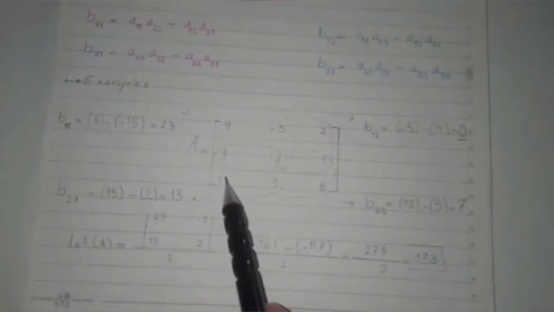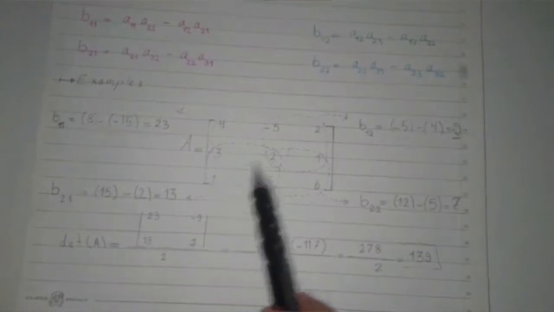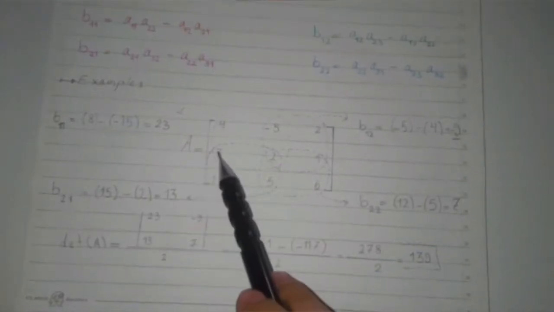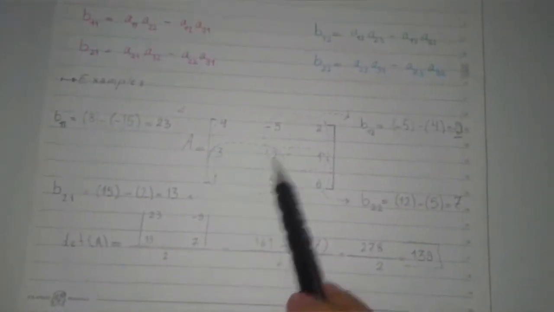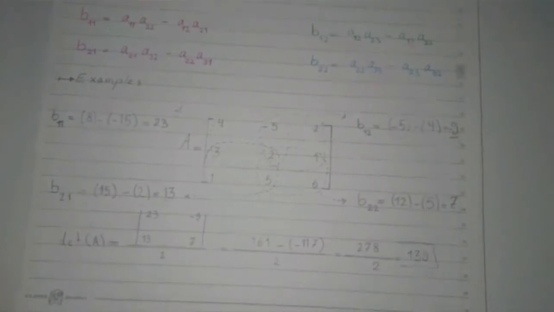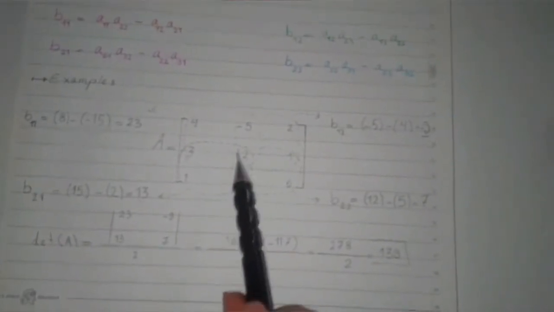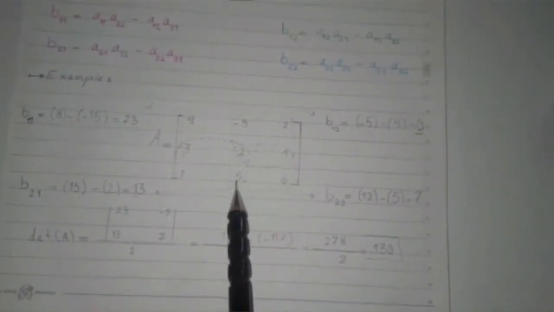The entry B sub 2, 1 is equal to 3 multiplied by 5 minus 2 multiplied by 1, which is going to be 15 minus 2, which is 13. And entry B sub 2, 2 is equal to the determinant of this part of our matrix, which is 2 multiplied by 6 minus 1 multiplied by 5, which is going to be 7.